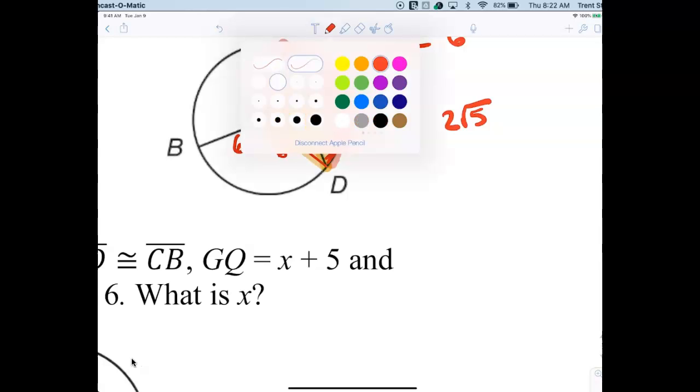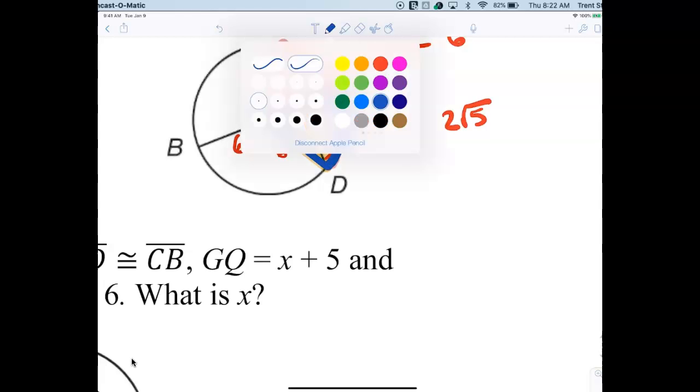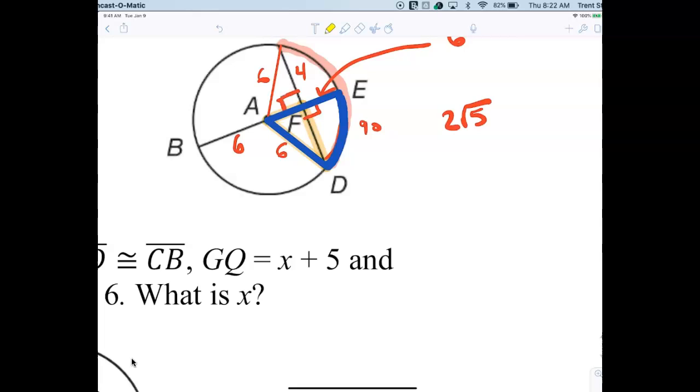So I want to draw something for you. I'm going to make it a little thicker so we can see it. All right, so look. Now, I need you to visualize it. Everybody needs to visualize that. Right? This angle is the same as this angle right here. That's created from that angle. Do you agree?